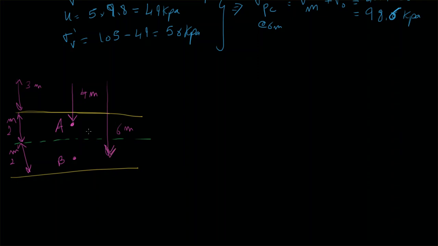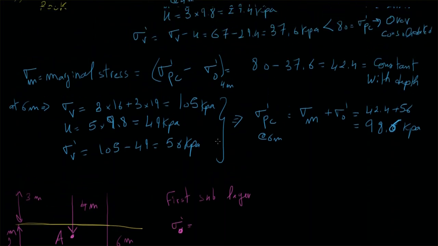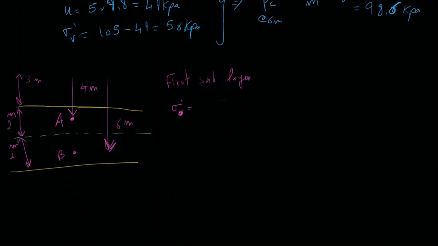So for the first sublayer, we have sigma dash naught, which was 37.6, and the sigma dash final is the initial plus the surcharge of 100 kPa, so it's going to be 137.6.